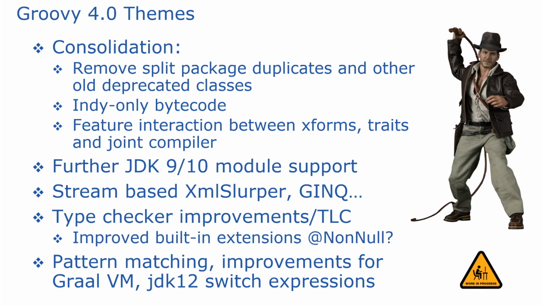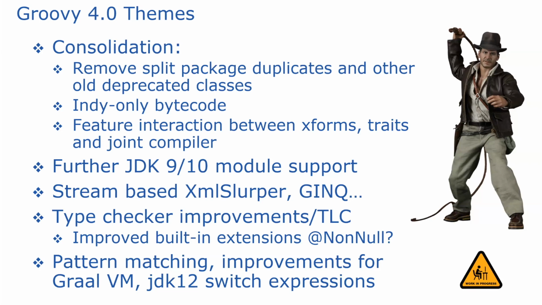There's further JDK 9 and 10 module support planned, so things like writing the module info in a module-info.groovy file. There's all these things on the planning list. If you want to help us get any of that done, please get in touch with the project.